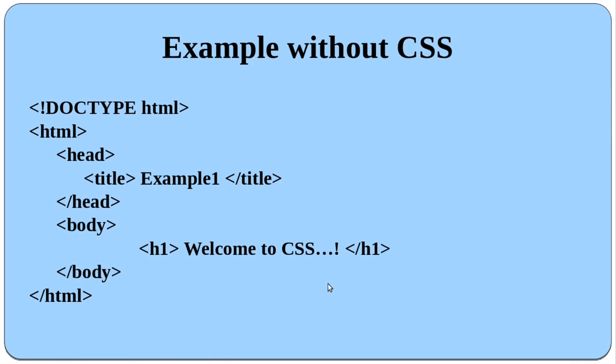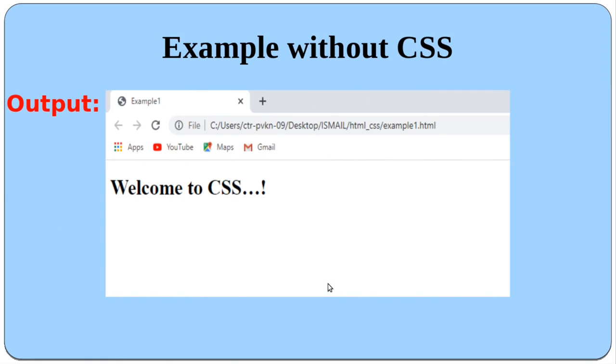When you execute this file in a web browser, you get output like this: welcome to CSS in black color in H1 element. So this is by default, the browser has its own properties, so it is displayed using browser defaults.